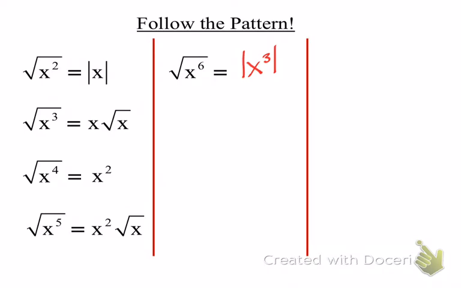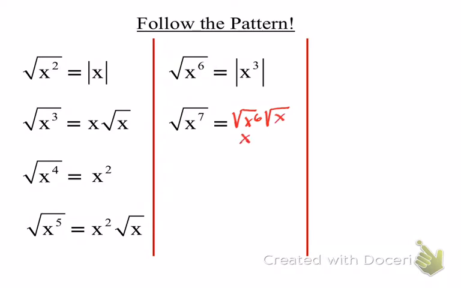Okay, so x to the seventh. What do I do? X to the seventh, what do we do? Okay, Spencer. We first times the square root of, and the answer is?